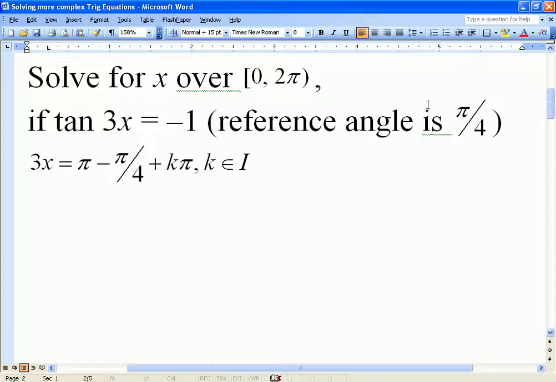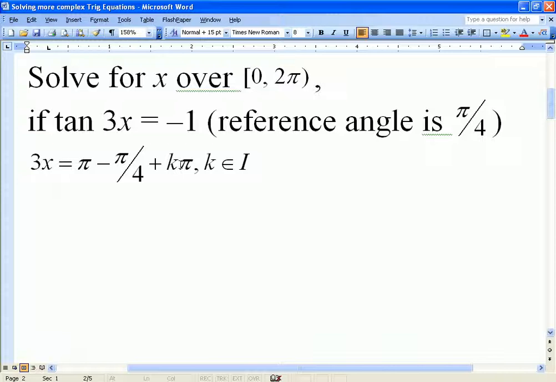I have the reference angle is pi over 4. I have written it in here. To get into the second quadrant, we need to say pi minus the reference angle. So my angle 3x, which is lying in both the second or the fourth quadrant, could be pi minus the reference angle of pi over 4 and then plus k pi, because we could move from the second to the fourth, adding pi radians.